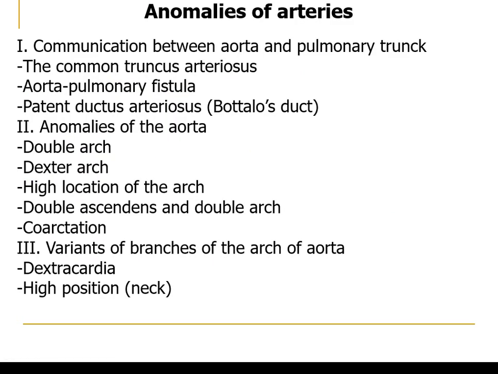And anomalies of the arteries. First, communication between the aorta and pulmonary trunk. They originate from the truncus arteriosus when it does not divide, forming a common truncus arteriosus.